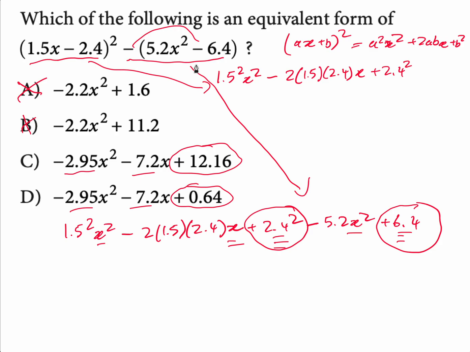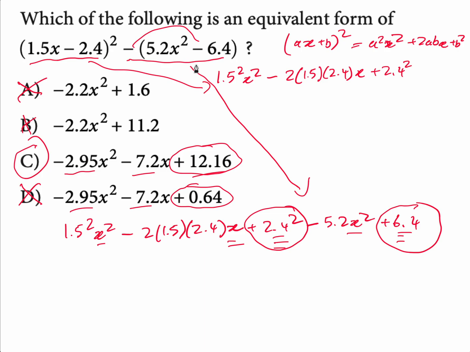Answer choice D is less than 1, so it's impossible for D to be the answer, because both added together must be greater than 1. Therefore our answer is C, based on the process of elimination and the logic, the reasoning of how we do it.